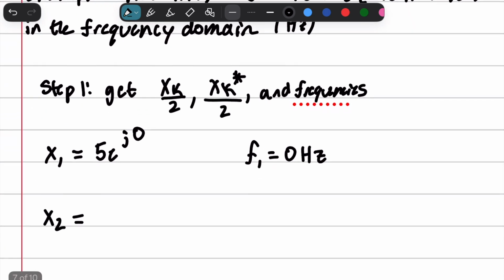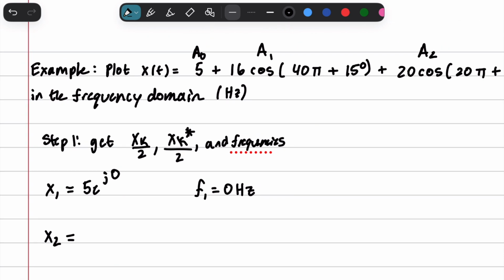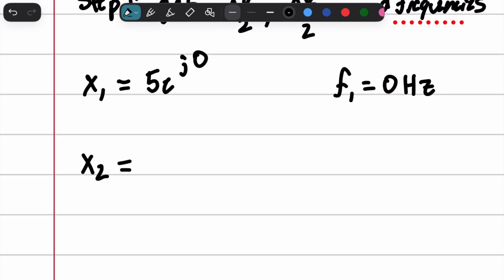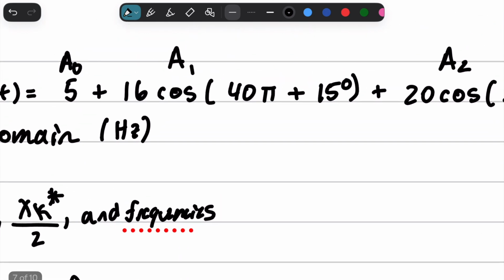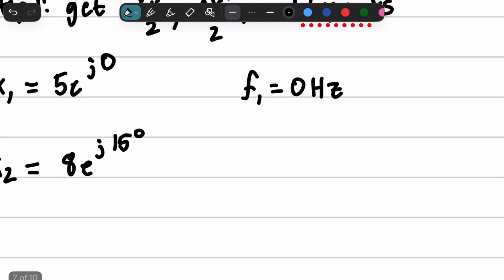So for x sub 2 divided by 2, but I'm just going to call it x sub 2, so hopefully that doesn't confuse you guys. We're going to get 16 divided by 2, which is just 8 e to the j 15 degrees, because that's the phase that we have right here, plus 15 degrees.